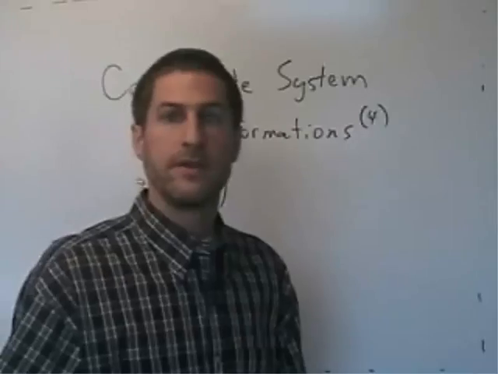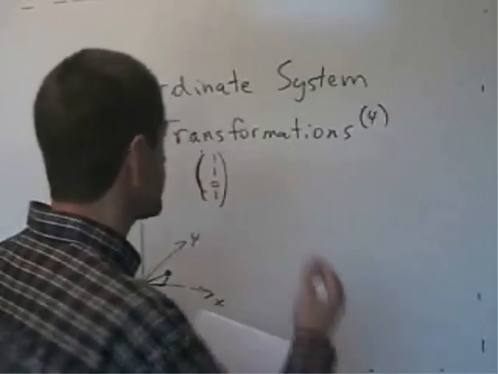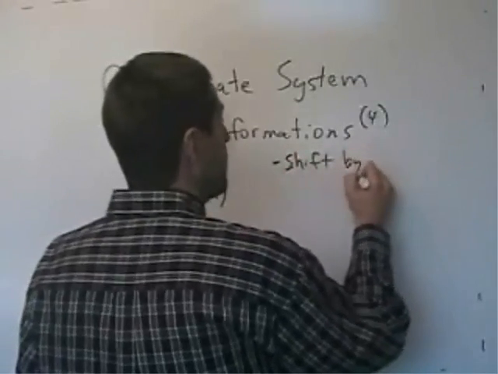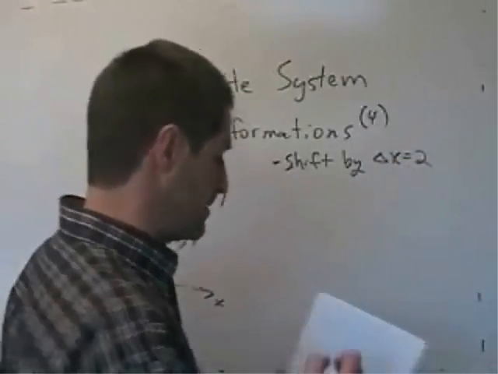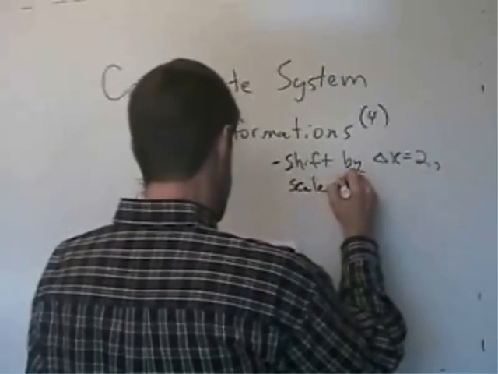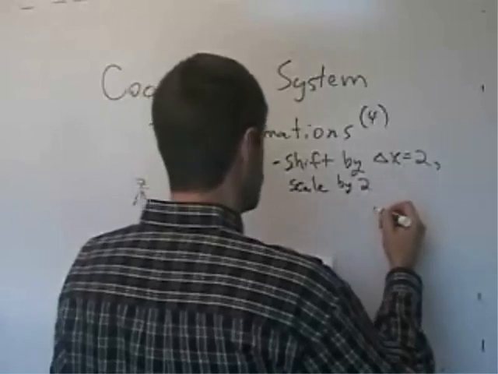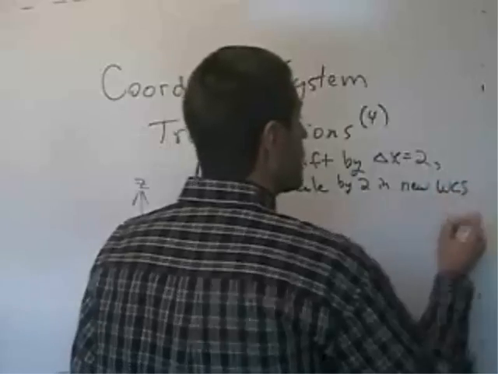Let's think of what we can do to that point vector. We could shift by 2 in the x direction and then scale by 2, or double the size, in the new working coordinate system.